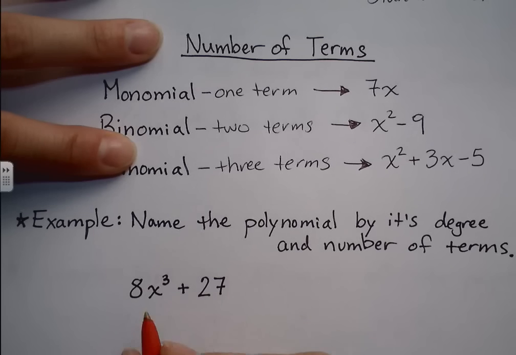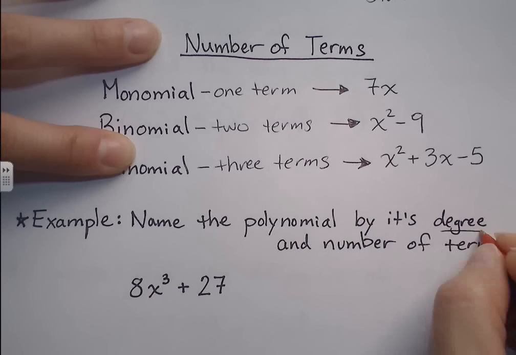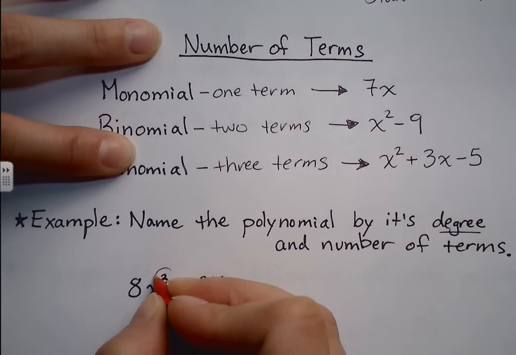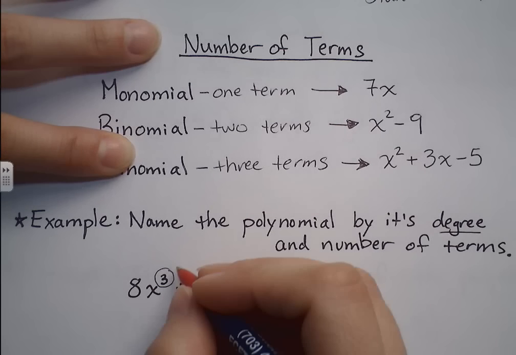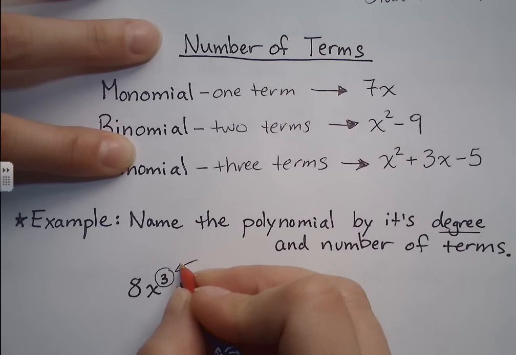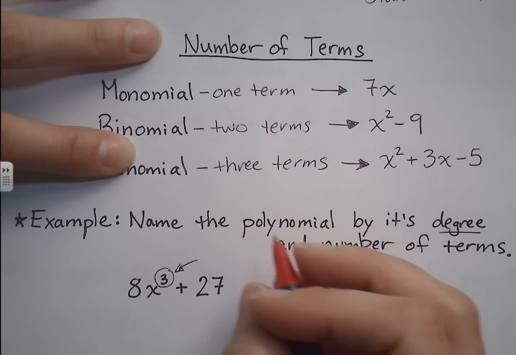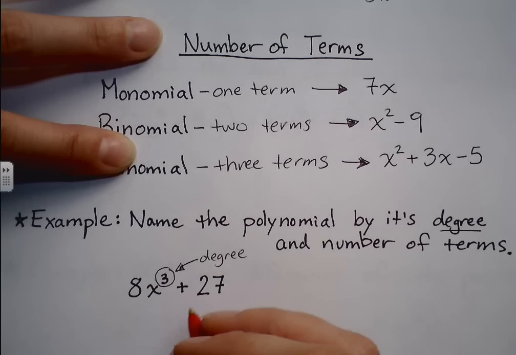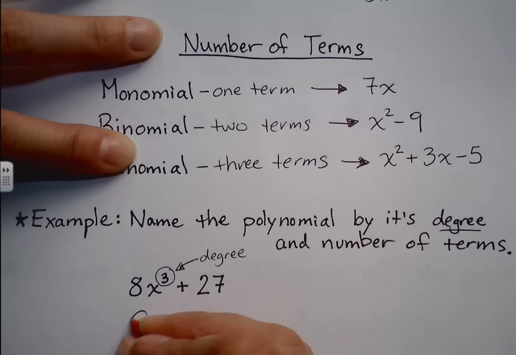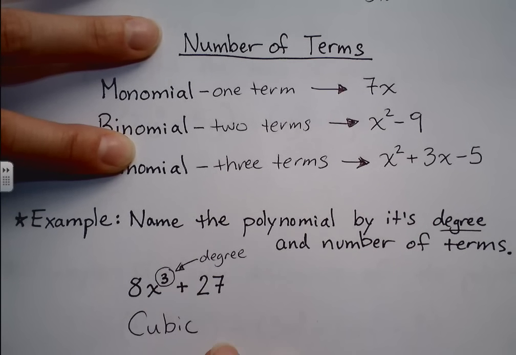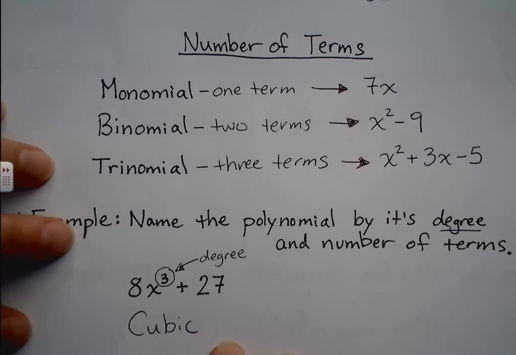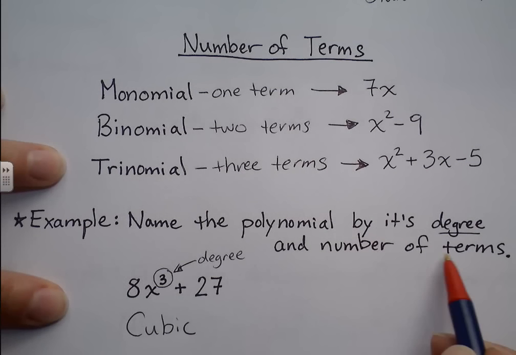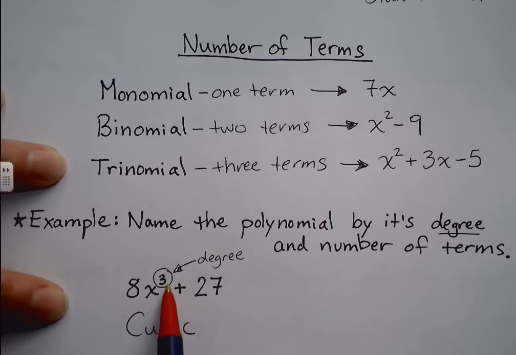Okay, so let me show you one example of what you might see in the first couple pages of Unit 10. You might be asked to name or classify a polynomial by its degree and number of terms. So I gave you one example here. Okay, degree, remember that's going to be your largest exponent. And in this case, I only have one exponent, and it's a 3.